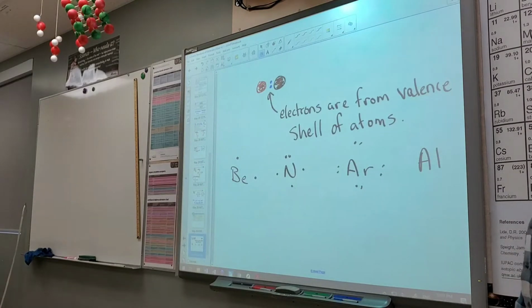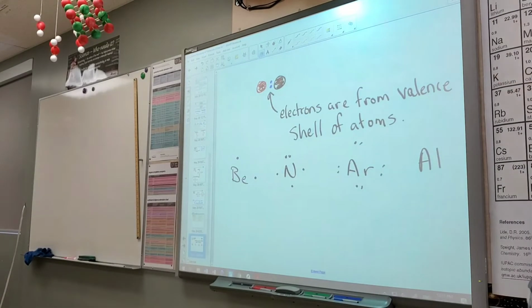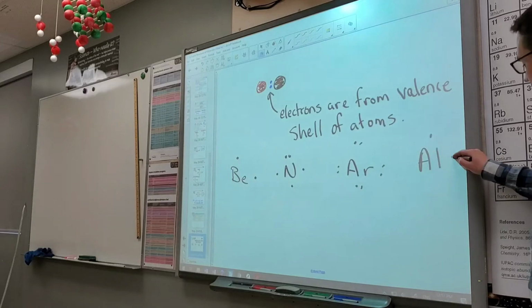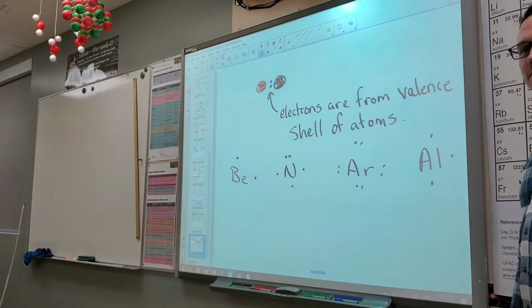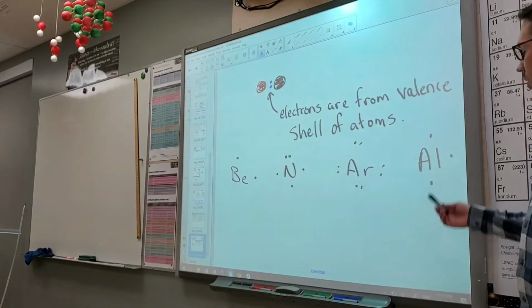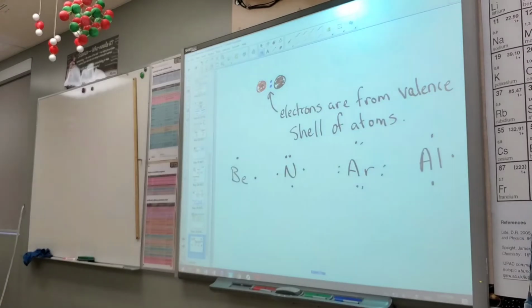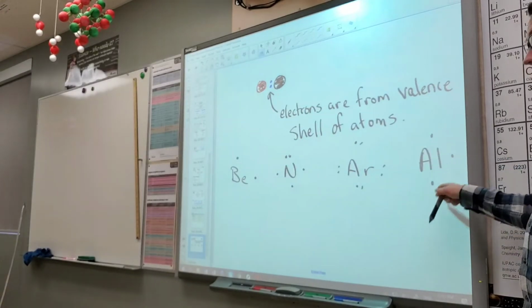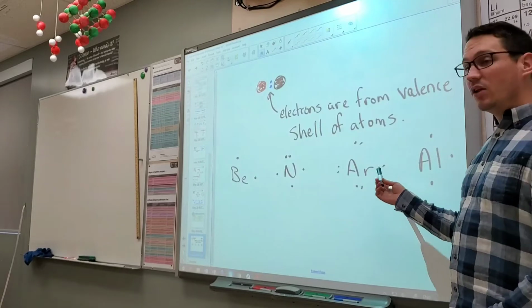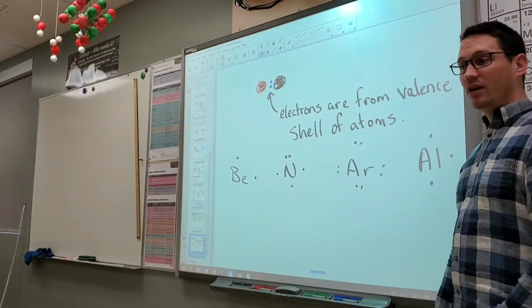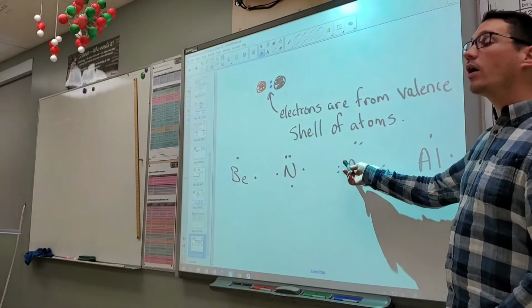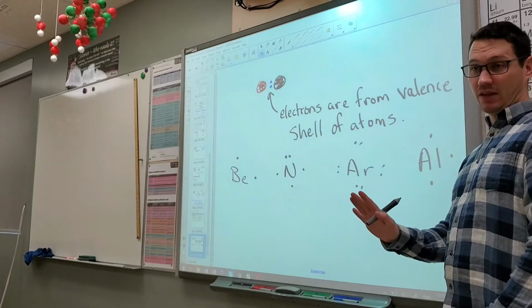Aluminium, how many for aluminium? 3. So how many lone pairs does aluminium have? 0, but 3 bonding electrons, right? How many lone pairs does argon have? 4. It's got 4 pairs of electrons, right?